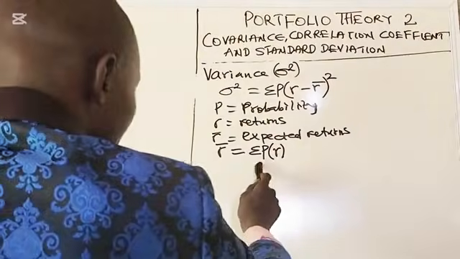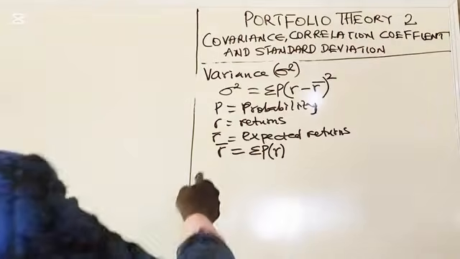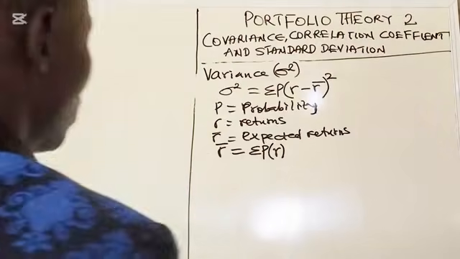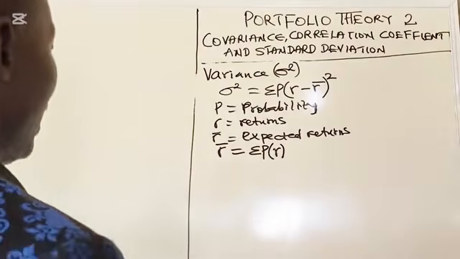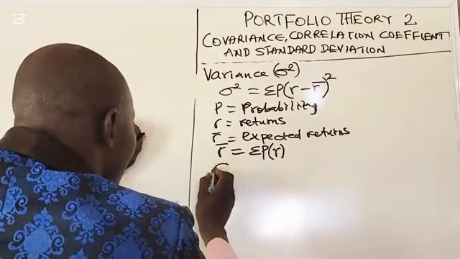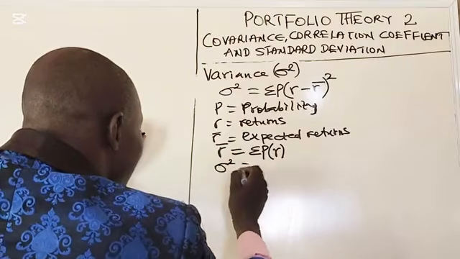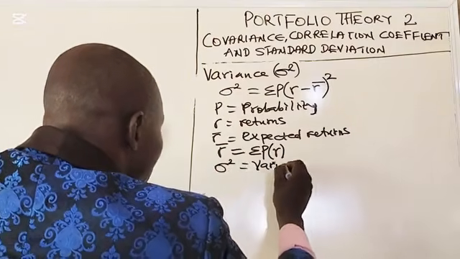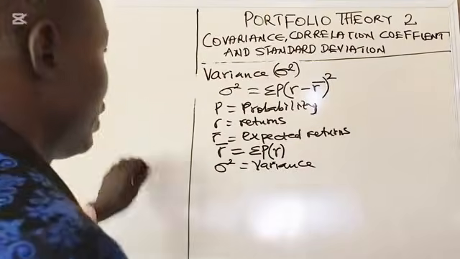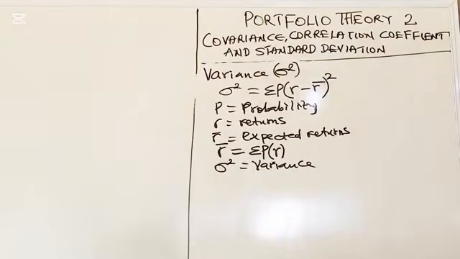Sum of probability times returns will give us the expected returns. So that is the formula for calculating the variance.